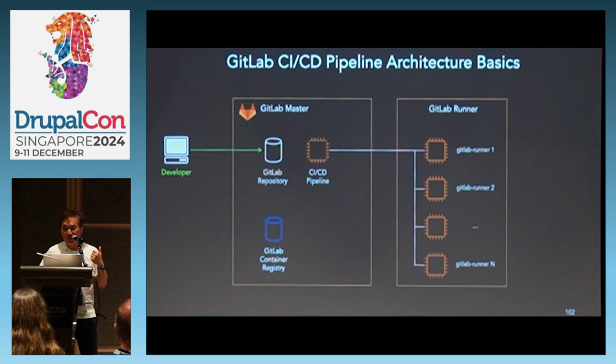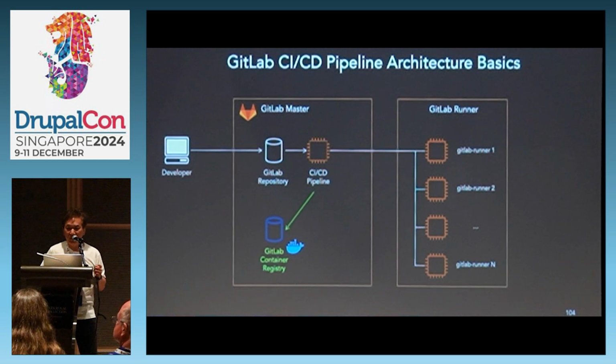When a developer pushes the code to the GitLab repository, the GitLab CI/CD pipeline detects the repository state and event, that is, for example, that the source is published. And the GitLab CI/CD pipeline pulls a container from the container registry as the testing environment, including Behat test suites.